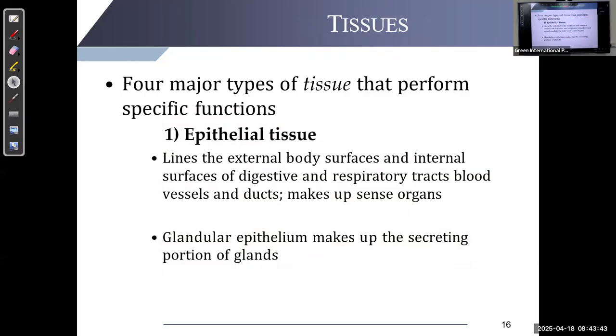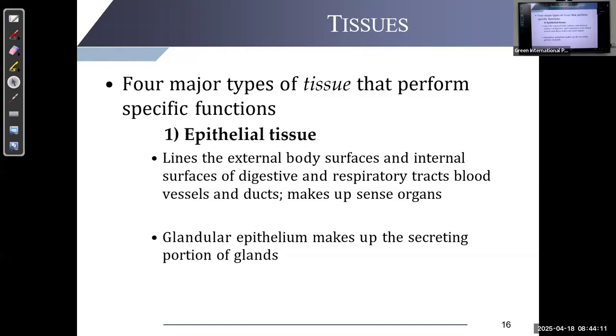What is epithelial tissue? It's already written there. You just have to keep it in mind: it's lining, the coverage. It lines the external body surface and the internal surface of the digestive and respiratory tracts, blood vessels, and ducts. It makes up sense organs.